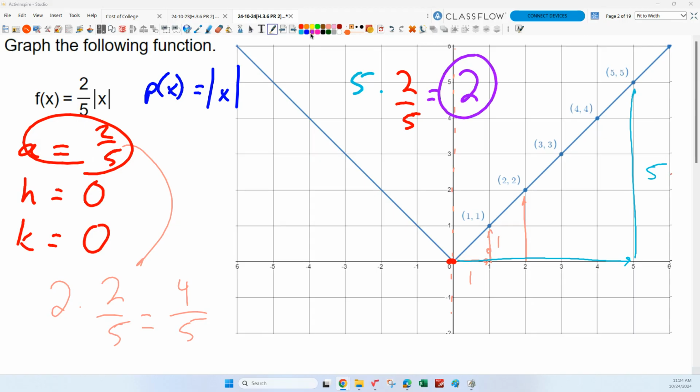Okay, that's kind of useful because now I could travel up 5 times 2/5, which is 2, to identify another point that we could use. That's all I need. You see what I'm saying? So if we're using that stretch or compression technique, we just want to find a height that's compatible with our fractional dilation factor. In other words, it needs to be some multiple of 5, so that when I multiply it by 2/5, I get an integer. Right? Everybody see that? Okay.